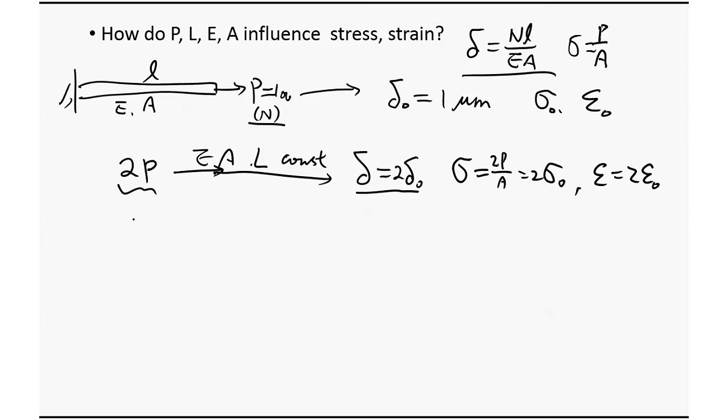Now, let's say I have this bar. What I do now is I don't change anything except the E. I make the modulus twice the E. So I keep the load, the A, the length, all the same. Now, how much elongation do I have?